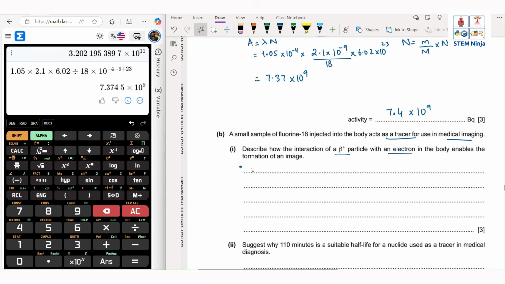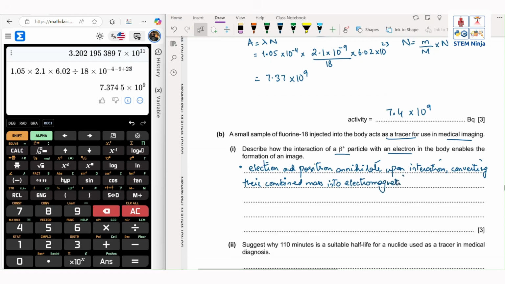So we can say that the electron and positron annihilate upon interaction, converting their combined mass into electromagnetic energy in the form of two gamma photons traveling in opposite directions.